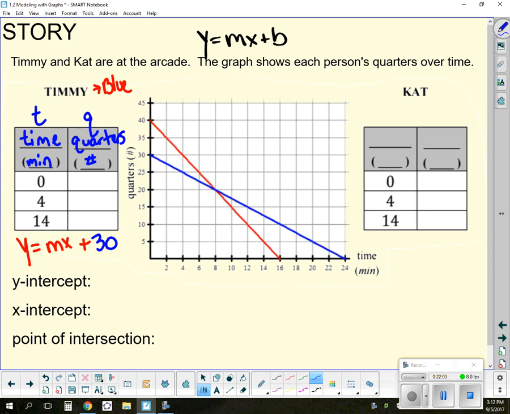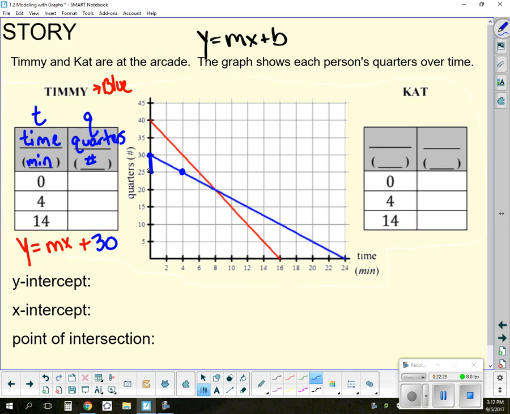To find the rate of change, find two nice neat points on your graph. So we can obviously use this one. This one's not a great point to use because it's in between 30 and 25. We want to use exact. Here is an exact one. So rise over run, rising, or in this case, you're going down. How many units?